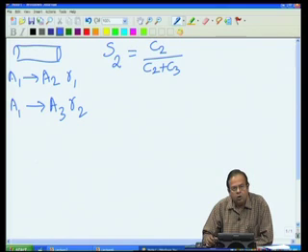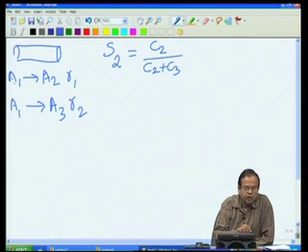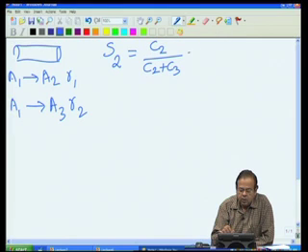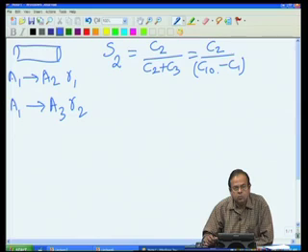Now, we also have stoichiometry, and we know that for every mole of A1 that is consumed, A2 is formed, and the same is the case with A3. So, the concentrations of species 2 and 3 put together must be the same as that of A1 that has been consumed.